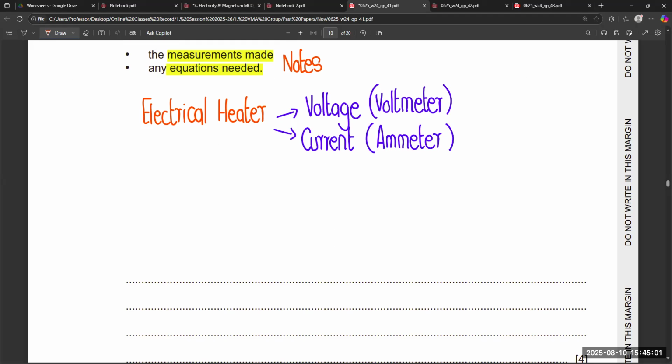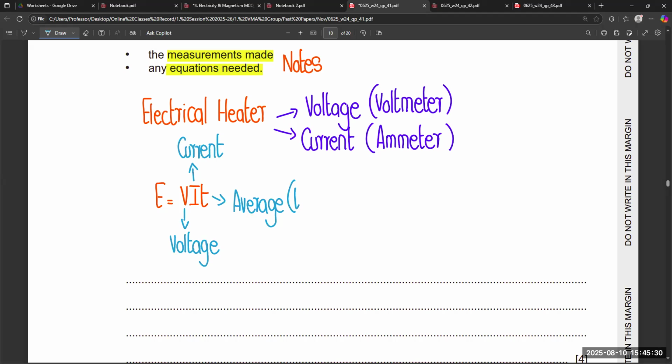And the equation we are going to use is the equation of energy, VIT. So we can substitute the value of voltage, the voltage we kept during this experiment in the circuit, and we can also take the value of current that we used in the circuit, and finally the value of time that we record from the experiment.